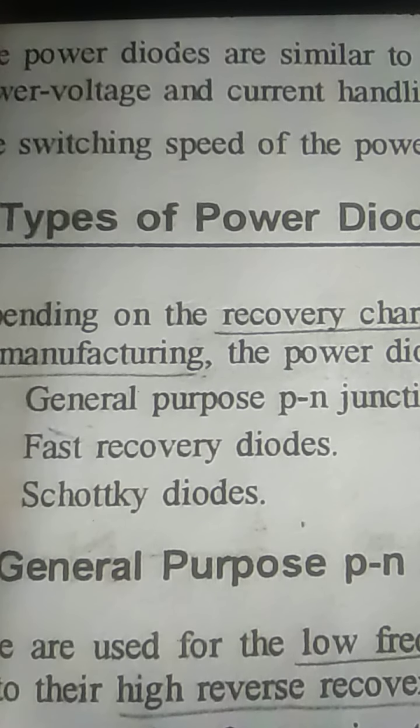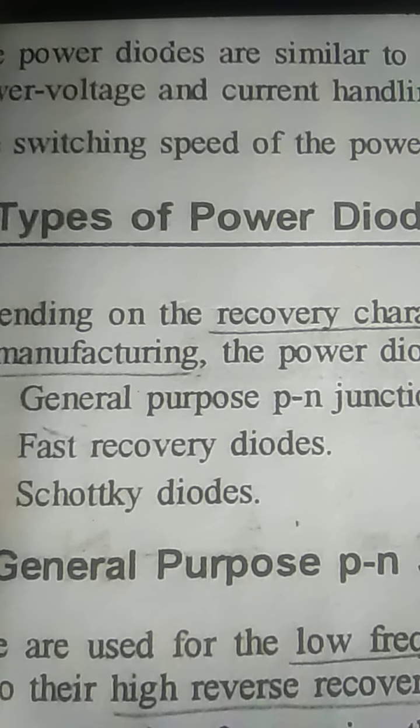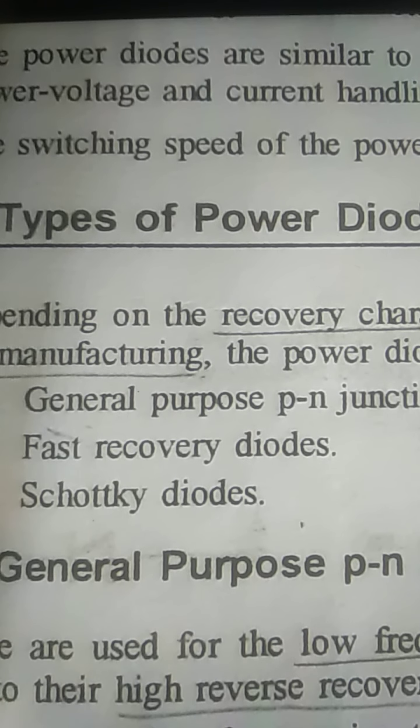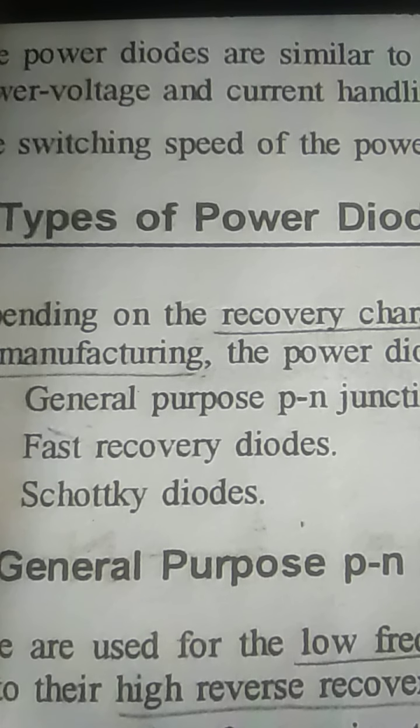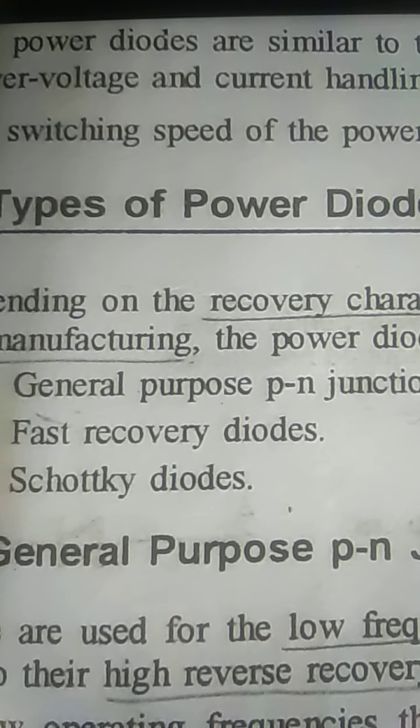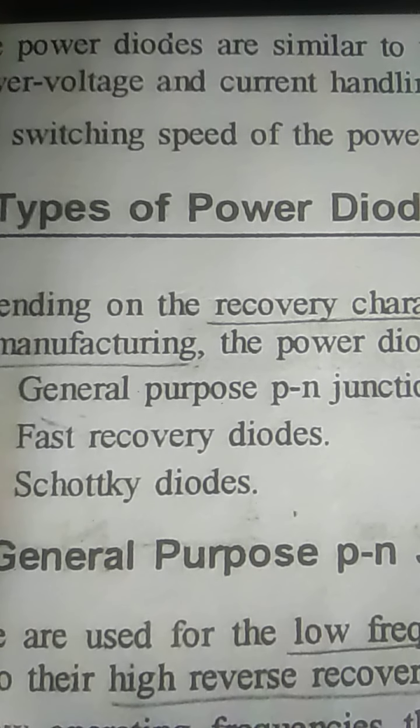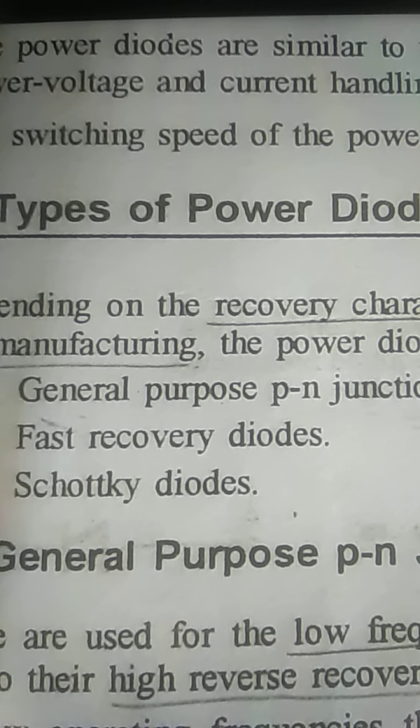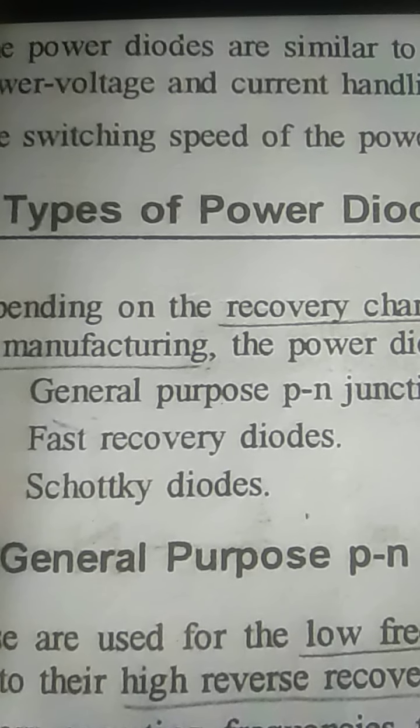In power electronics, there should not be leakage current, and the device should not respond slowly. The device should respond very fast, so that there are fewer power losses. So according to the response of power diodes, there are three types of power diodes.